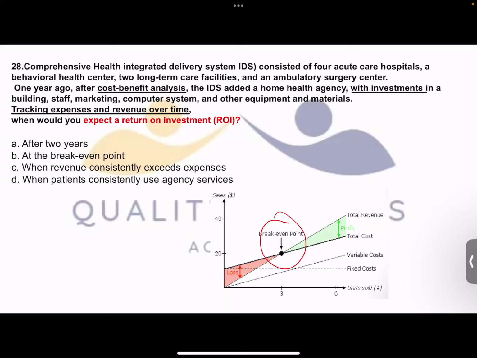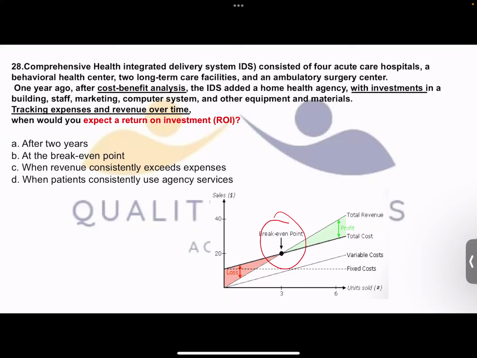It is not after 2 years, because the time frame for achieving the ROI varies depending on multiple factors, including the patient volume, market conditions, and operational efficiency.